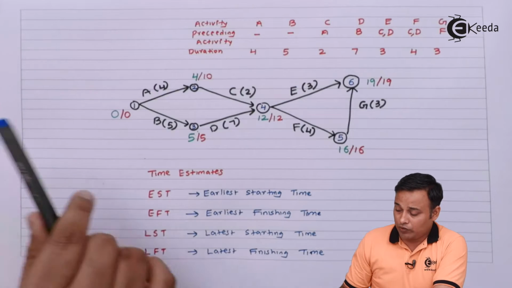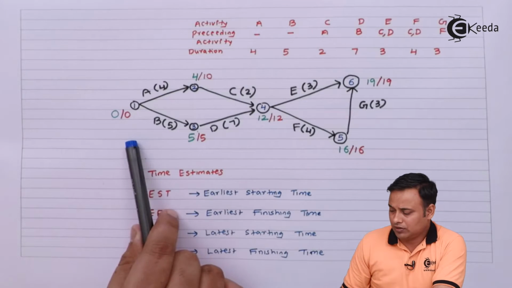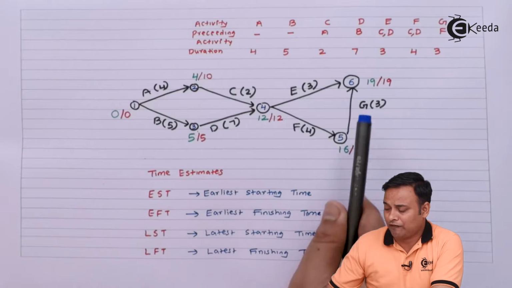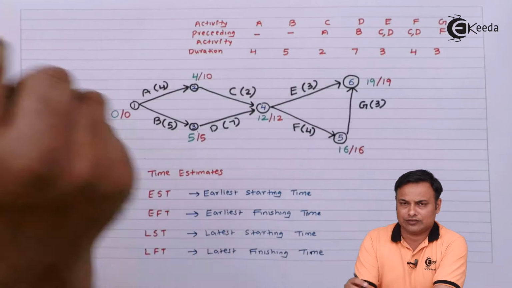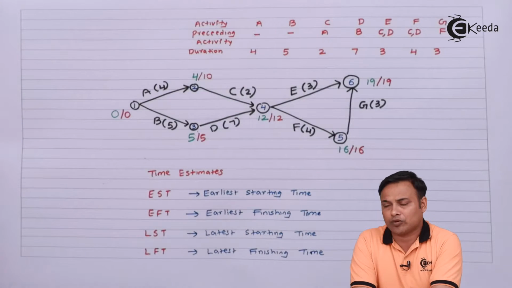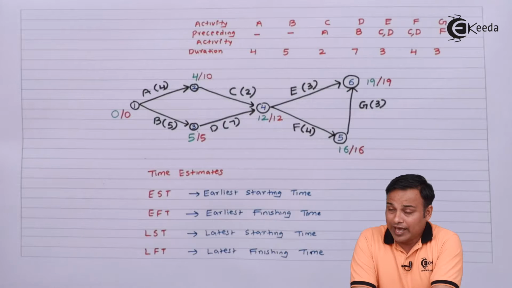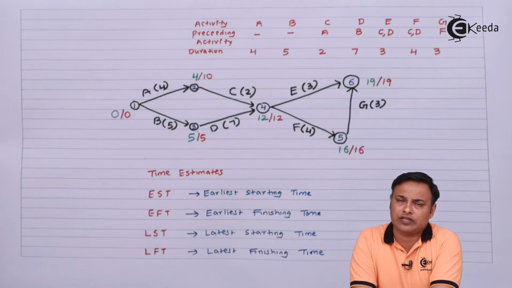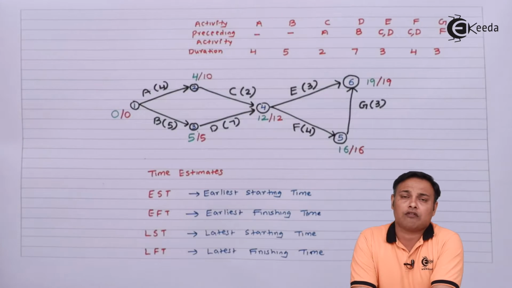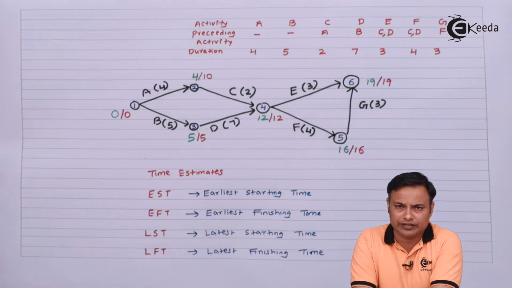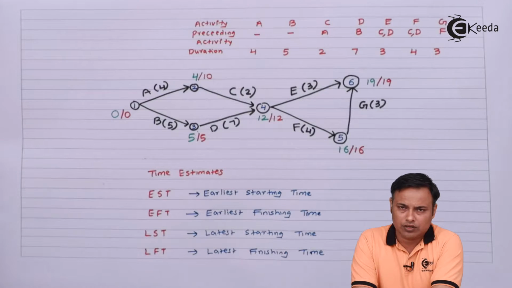In case of forward and backward calculations, इस एग्जाम्पल में ये जो फाइनल आंसर है at the end of the project, 19, is called the overall completion time. Can I delay any of the activities without delaying this total time of 19? Depends upon the activities and their connections.